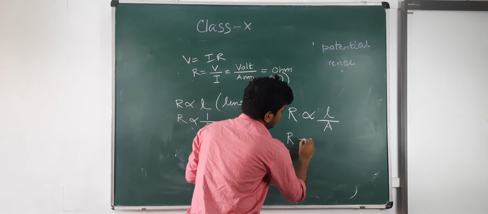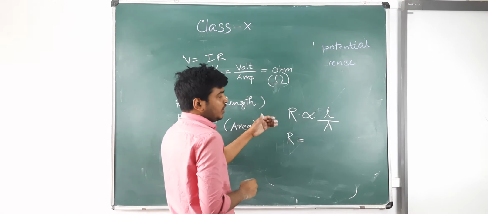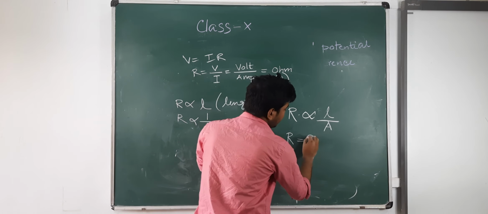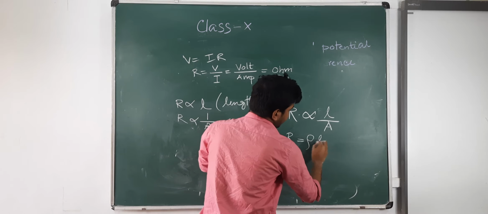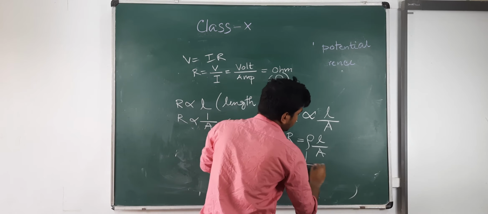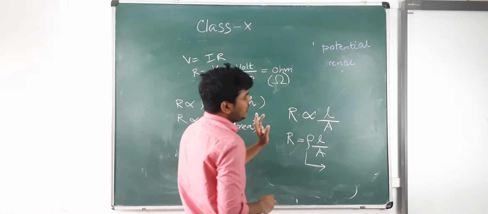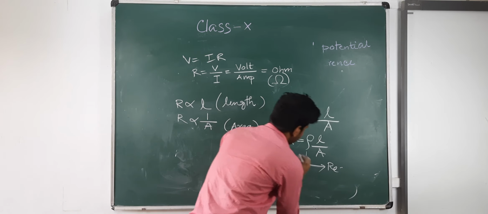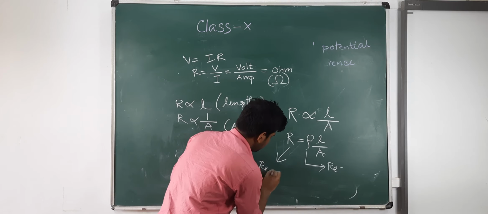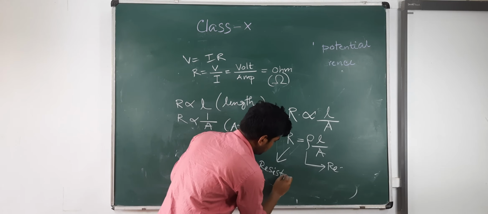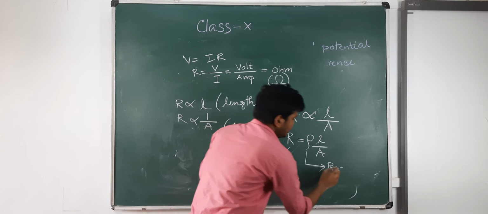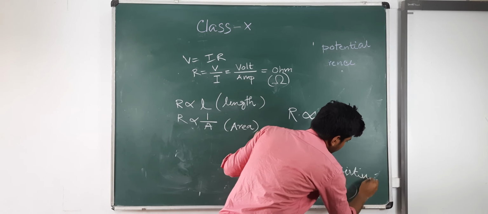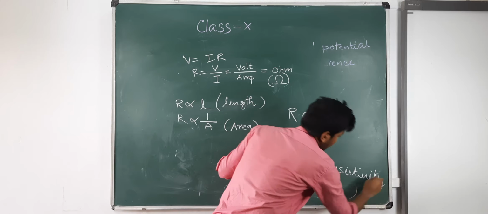If we put an equal sign, then we have to introduce a new constant. This is called rho, R equals rho L by A. Rho is a constant property of the material. This is called resistivity. This is resistance, and this is resistivity.